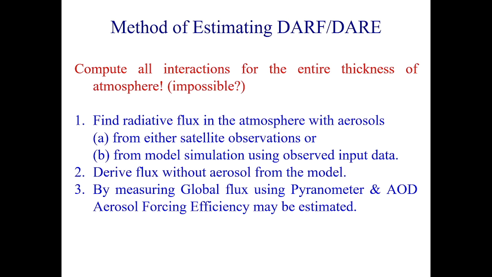So we have to use a model to generate that. And also by measuring the global flux using pyranometers and the aerosol optical depth, then finding their efficiency, and then estimating the aerosol direct radiative forcing.